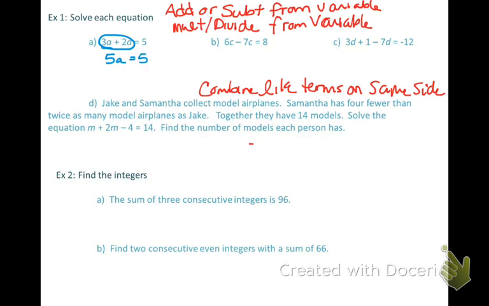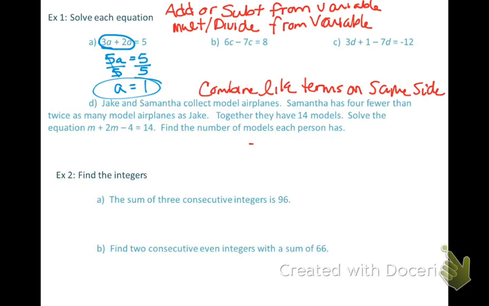And then I would put equals 5. I don't have to add or subtract anything from the variable because there's nothing to add or subtract. But there is multiplying, so I need to divide by 5 to find out what a equals. A equals 5 divided by 5, which is 1. And there's your answer.